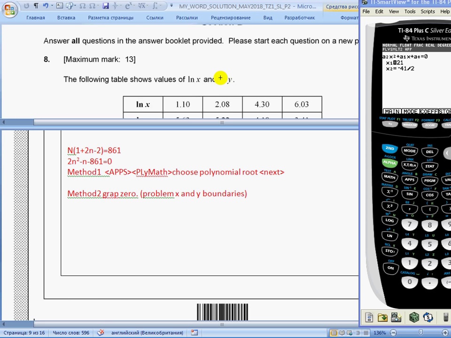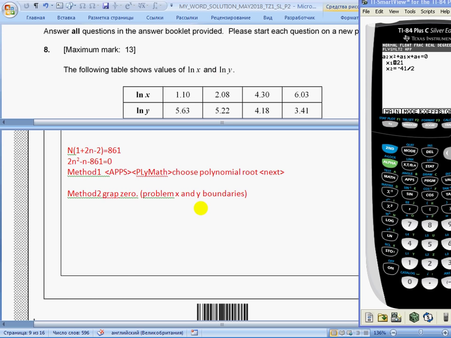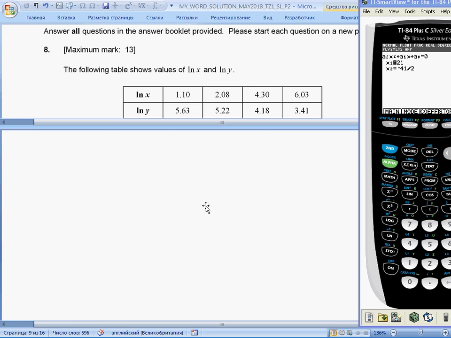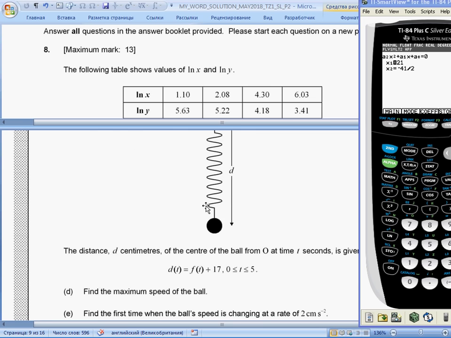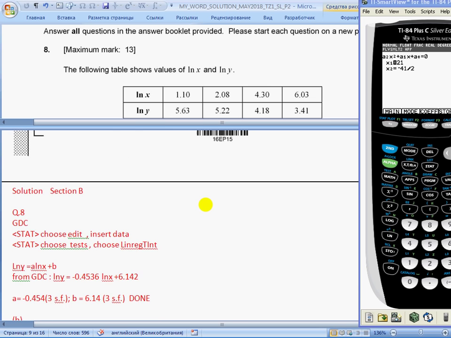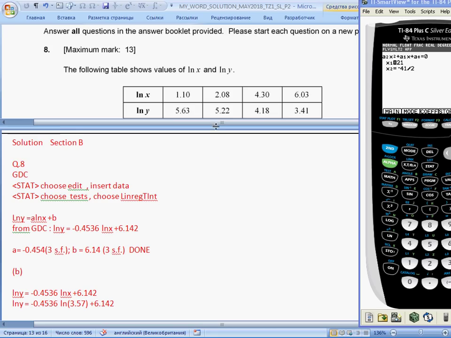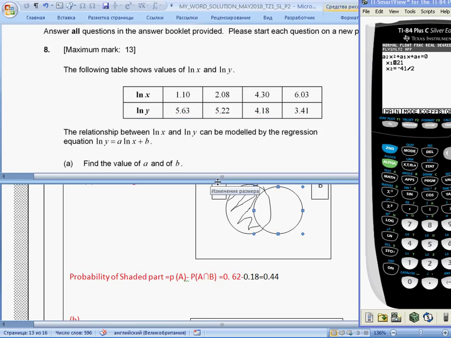Question 8, section B. Section B should be done on separate papers. Let us find the solution of section B. Right. In section B we are given data of logarithm x and logarithm y, and we should find a and b, the regression equation.